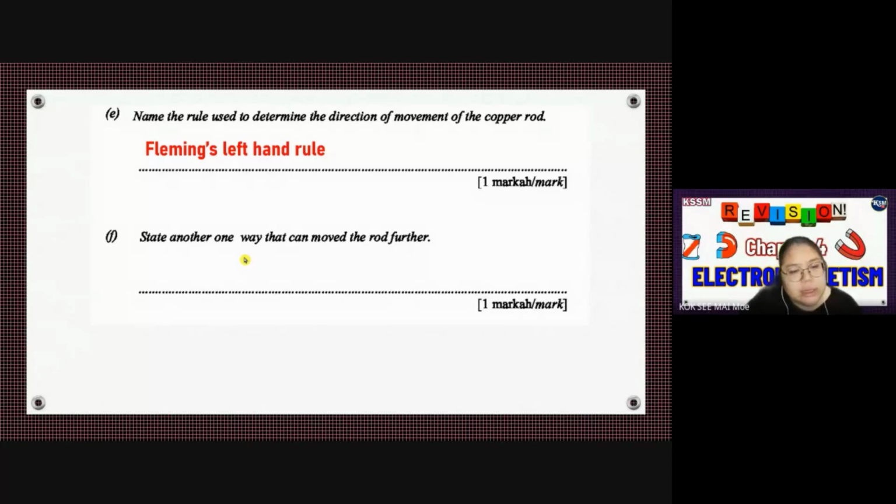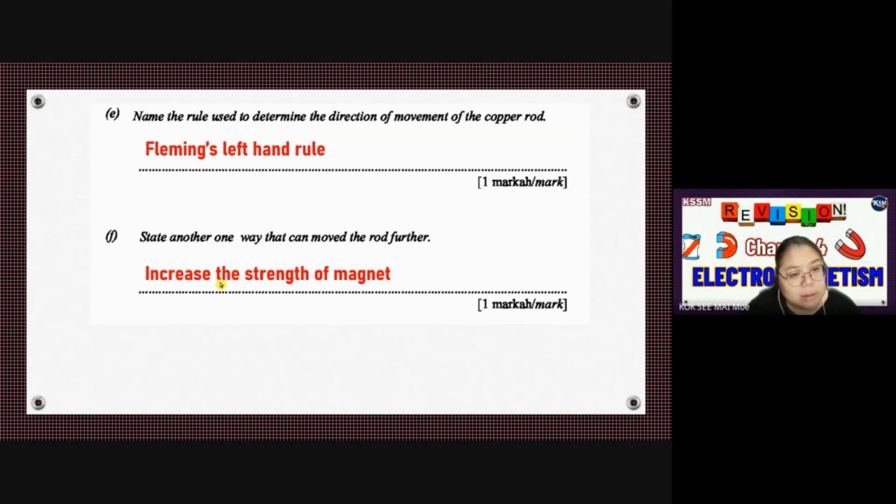Okay, you can increase the number of batteries, but this is already shown in the diagram because they give the differences in the battery. So is there another? The magnet. Yes, you can change the magnet to become stronger, or add a magnet to make the strength stronger. The current they do not accept, because the two diagrams already change the battery. So the answer must be increase the strength of the magnet. Or you can say increase the number of bar magnets, also can.